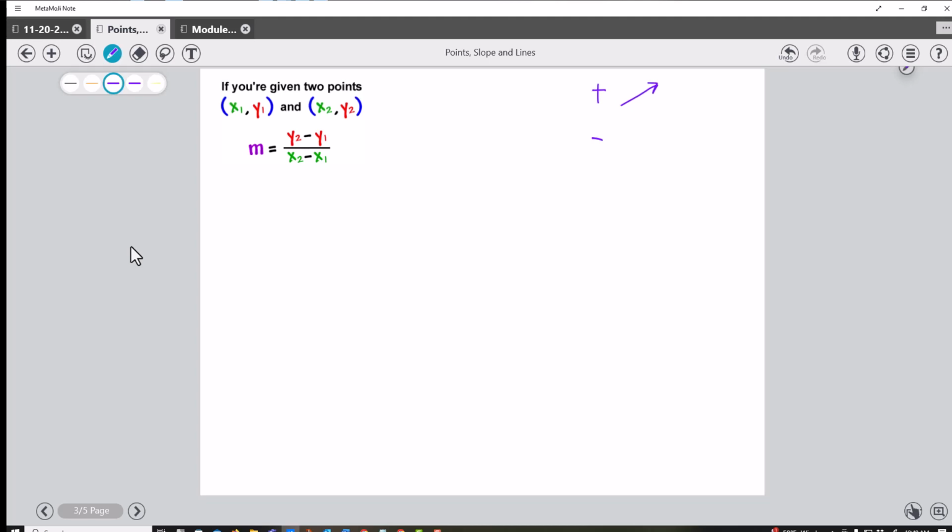If you have a negative, the graph is going down. If you have a 0 slope, that means the slope is constant, it's not changing. And then you'll also see we can have undefined slopes.